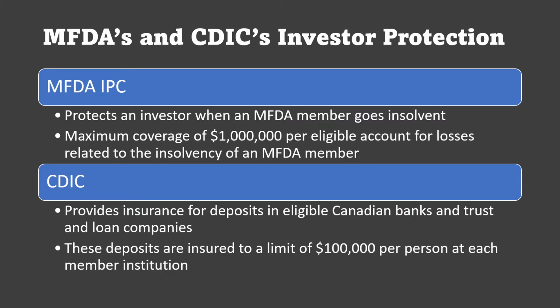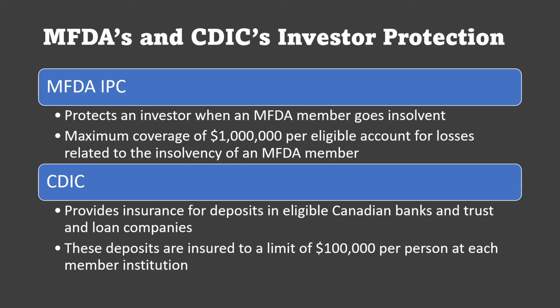So if a bank goes insolvent, the CDIC will protect you, and you will be able to get your limit of $100,000. Interestingly, this applies to each bank.